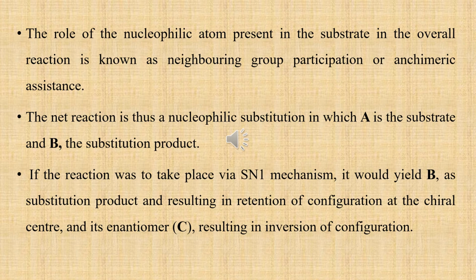If the reaction was to take place via SN1 mechanism, it would yield B as substitution product, resulting in retention of configuration at the chiral center, and its enantiomer C, resulting in inversion of configuration.